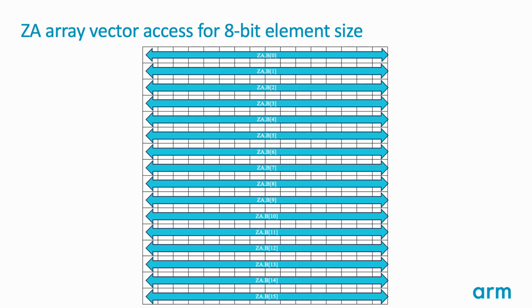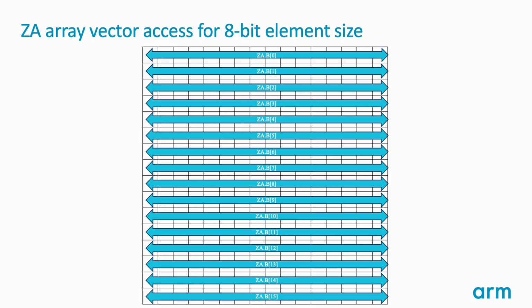This is an example of the complete namings for accessing a different ZA array vector within a 128-bit implementation for 8-bit element size. This is just added for reference. You can always refer to it for clarity.